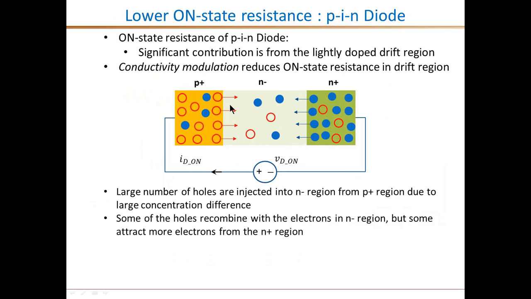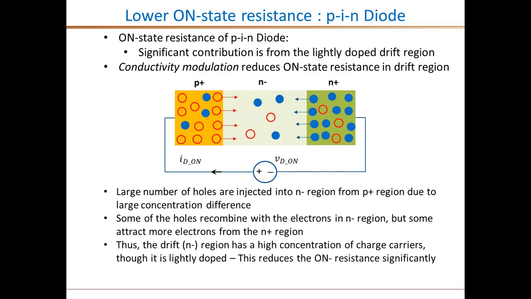Some of these holes recombine with the electrons in the N minus region, but some of them also attract more electrons from the N plus region, so the lightly doped drift region actually ends up having a high concentration of charge carriers, and therefore that reduces the on-state resistance significantly.